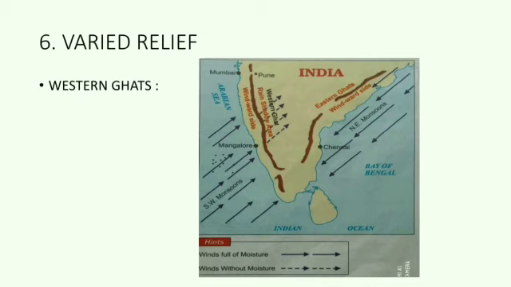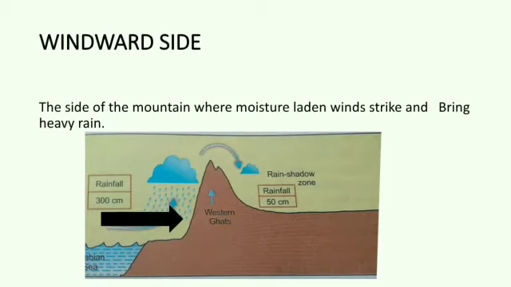Therefore, they cause little rainfall, and the area east of the Ghats is called the leeward side or the rain shadow region. Windward side. The side of the mountain where moisture laden winds strike and bring heavy rain. On the windward side, the moisture laden winds are forced to ascend the slope, thereby giving heavy rain.